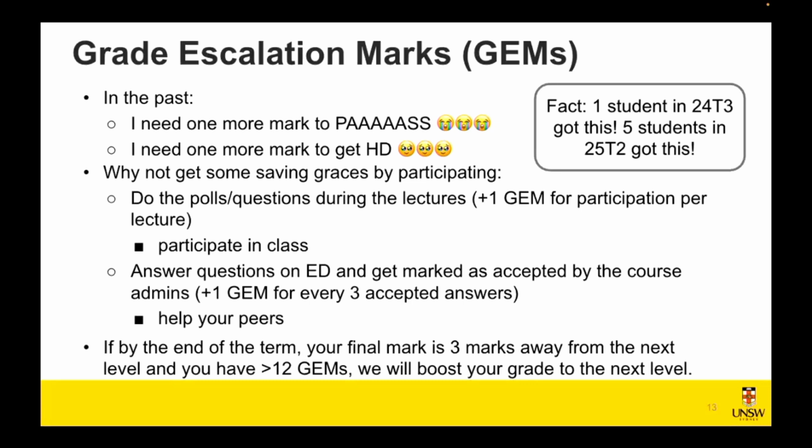Near the end of the term, some students come and say, okay, I just need one more gem to get past 12. Can I get that? The short answer is no, because we can't have saving graces for saving graces. That's like an infinite recursion, so we can't have that. This is a hard limit.